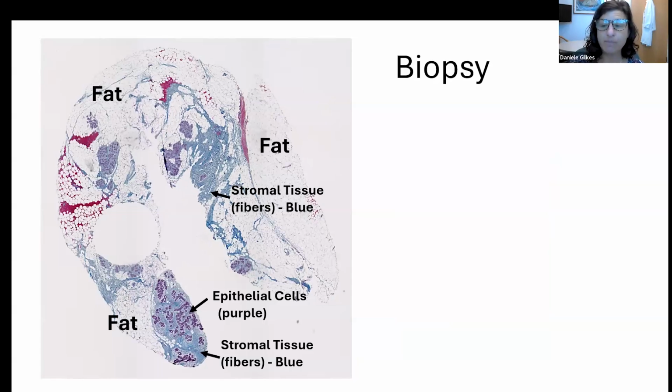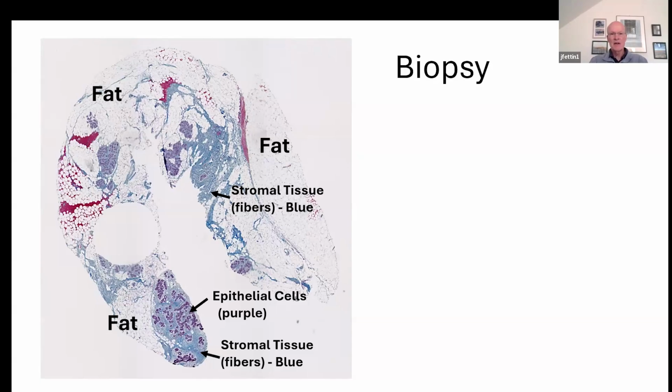And so these are the three main constituents of the breast, with the fat largely determining breast size. So the size of a woman's breast is more related to the amount of fat she has in her breast than the stromal tissue or the milk producing and carrying cells.